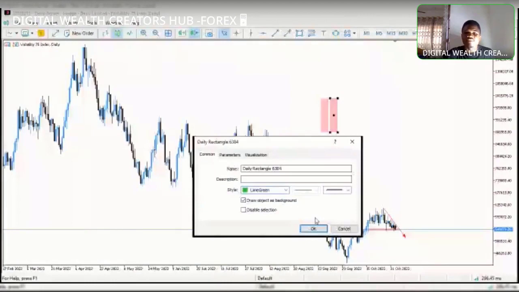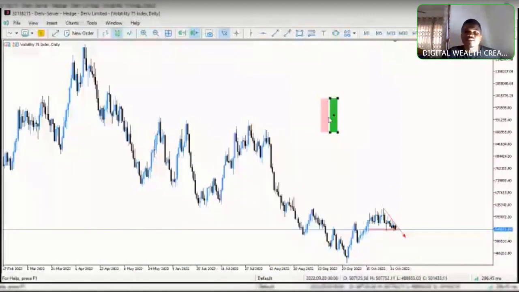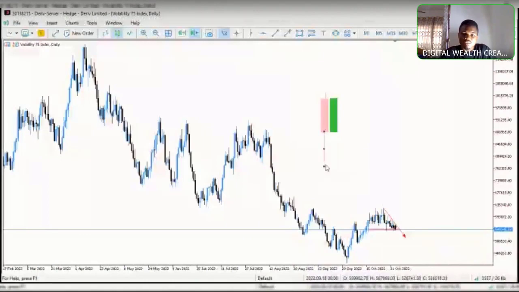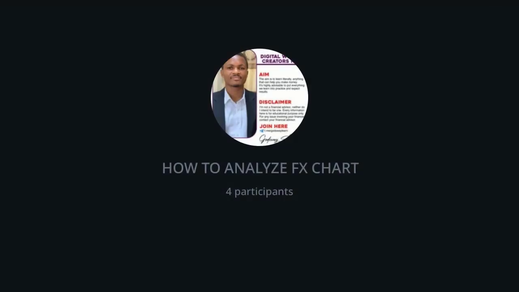I'll put a wick on top of it, then I'll bring it down. Forget my drawing, it is messy over here. Okay, good. So let's assume this is a candle formed on the daily time frame.